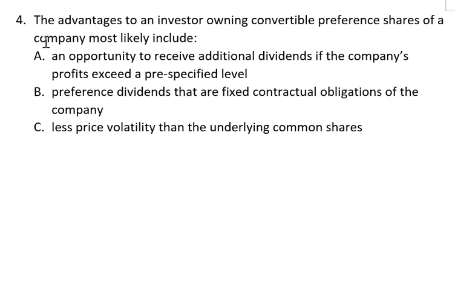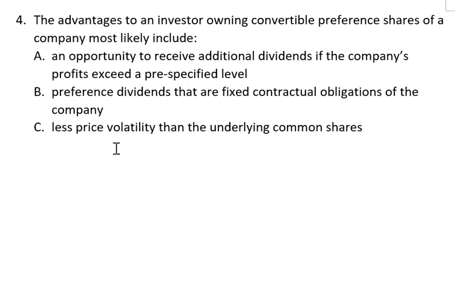Question 4. The advantages to an investor owning convertible preference shares of a company most likely include A. An opportunity to receive additional dividends if the company's profits exceed a pre-specified level. B. Preference dividends that are fixed contractual obligations of the company.